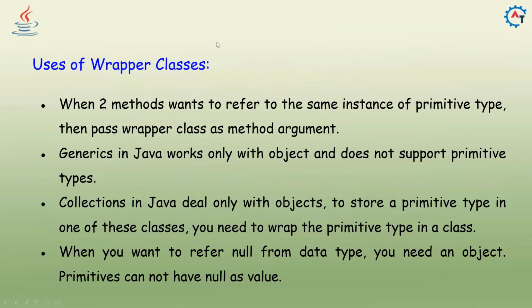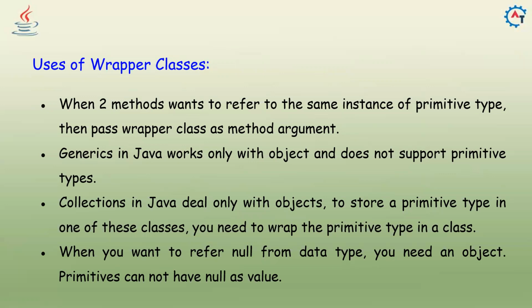Uses of wrapper classes. When two methods want to refer to the same instance of a primitive type, then pass the wrapper class as a method argument. Generics in Java work only with objects and do not support primitive types. And collections in Java deal with only objects.